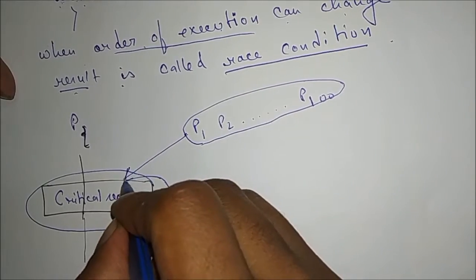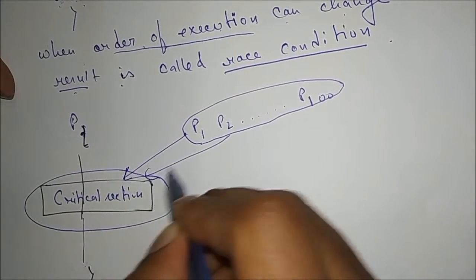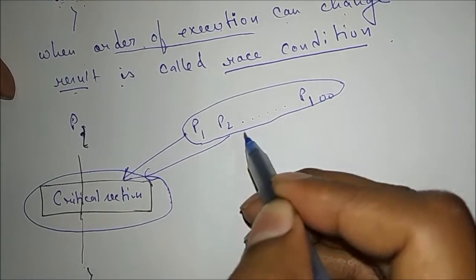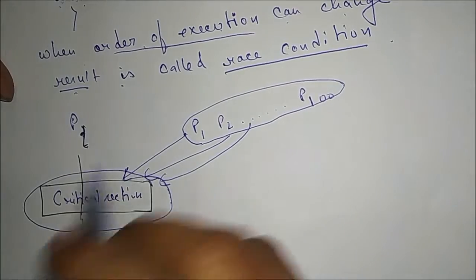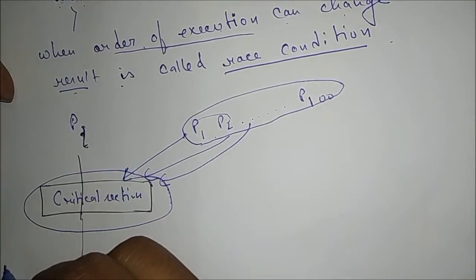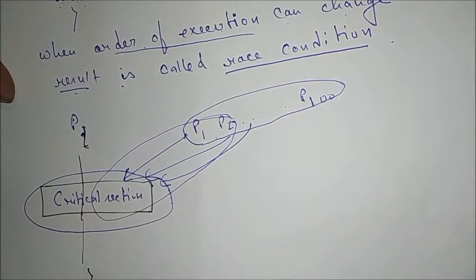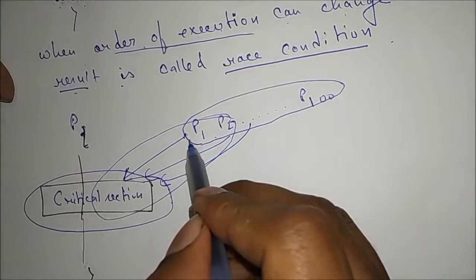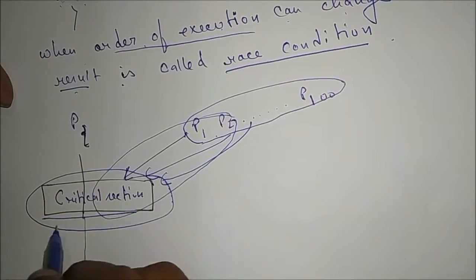Then after P1 finishes its work, only then P2 will get the chance. After P2 finishes its work, only then P3 will get the chance. It will not happen that P1 and P2 work together in the critical section. After one process finishes its execution, only then the next process will get the chance in the critical section. This is the meaning of critical section.